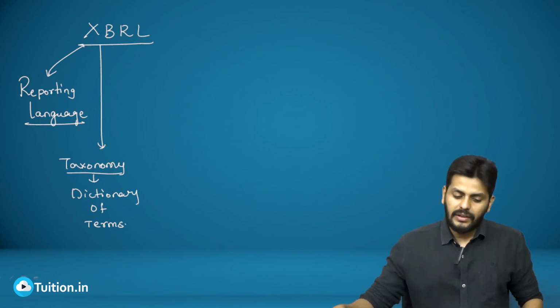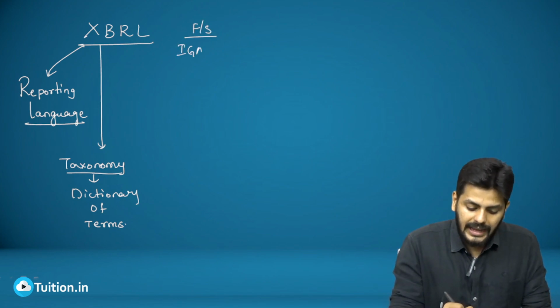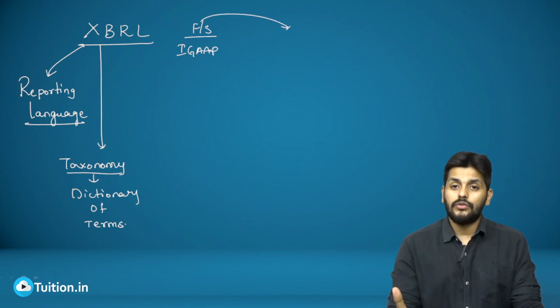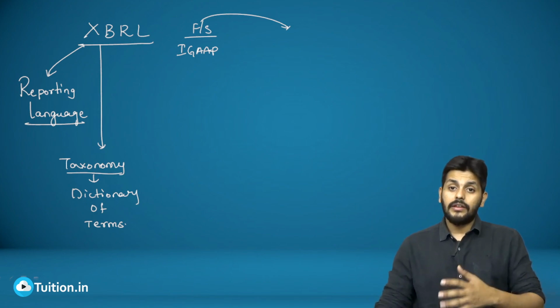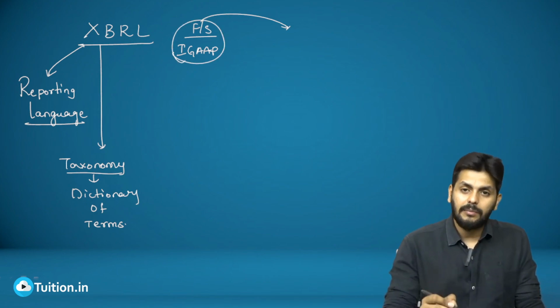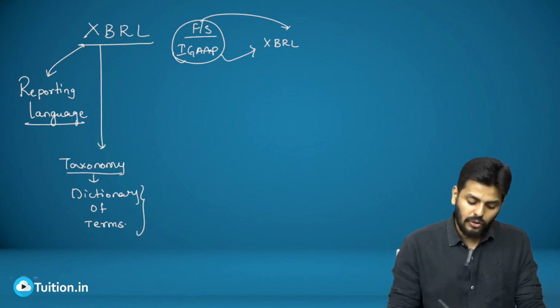Say for example, you have financial statements prepared under Indian GAAP. Then you want these financial statements to be converted into some other country's GAAP, or there is a possibility that they may not understand. So the financial statement prepared in Indian GAAP will be converted into the XBRL format, because we have a dictionary of all the terms.